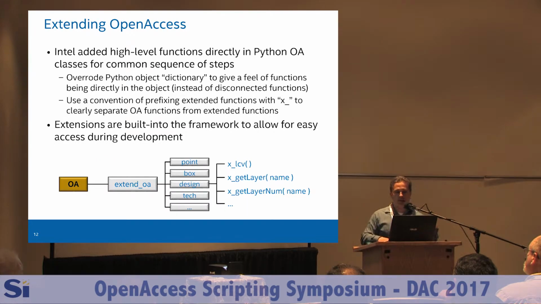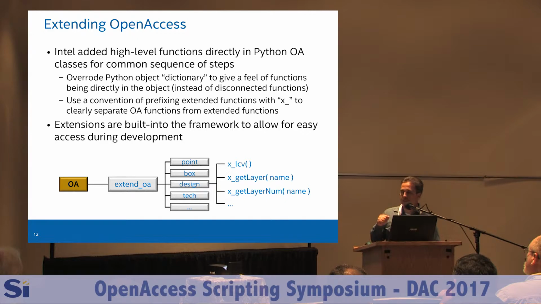Beyond that, we added our own convenience functions, even beyond what oaScript offers. There are just certain functions that are done frequently, and rather than rewriting them multiple times, you get tired of it after a while, and you say, hey, it would be nice if I just had this available. We include that in our own framework as well. Just simple things to get the LCV, the library cell view, in some formatted text string, getting a layer from a name, and things like that.